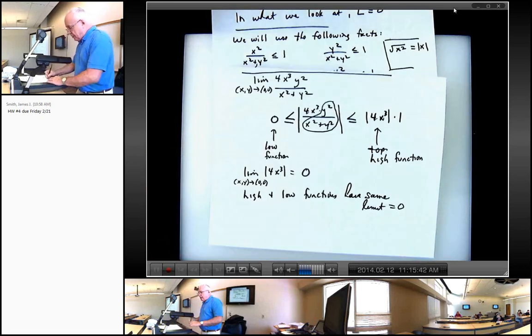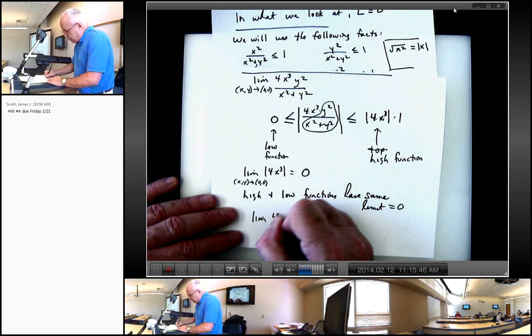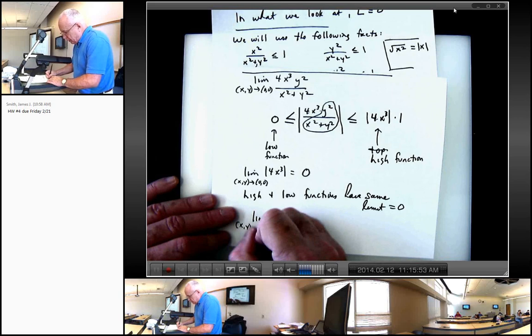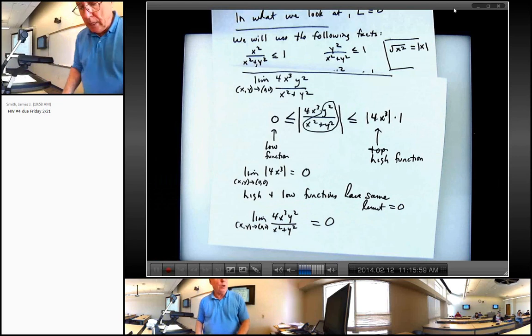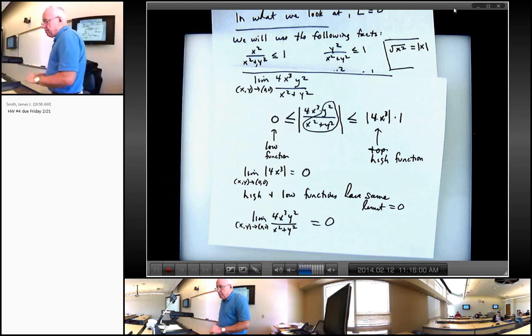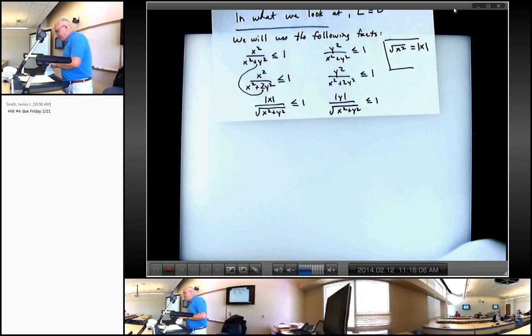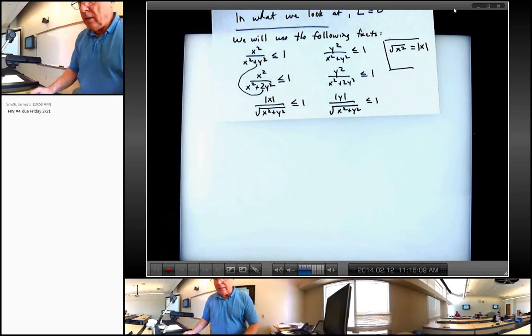So I can say that the limit of 4x to the third y squared all over x squared plus y squared as xy approaches 0, 0 is equal to 0. If you can bear it, I'll do one more using a different inequality, and that will end this section.